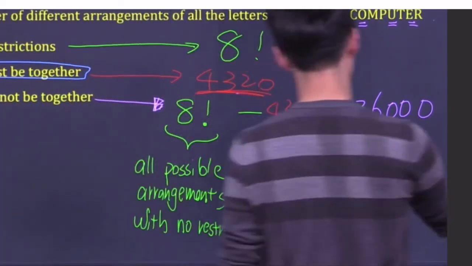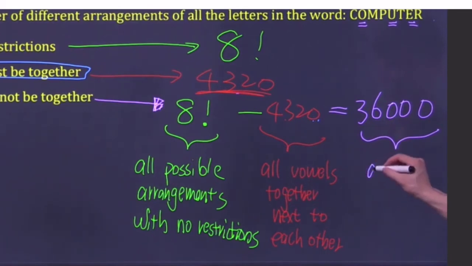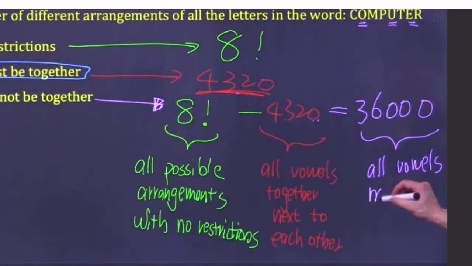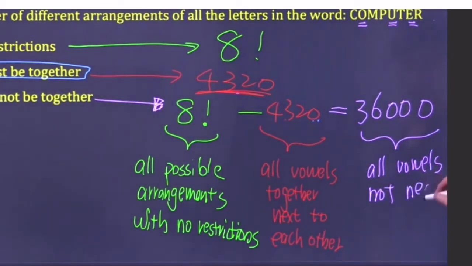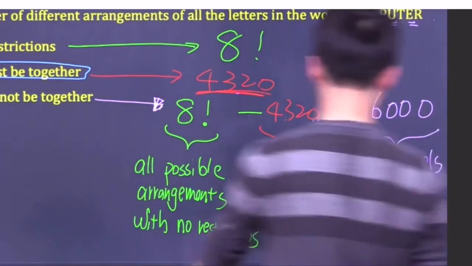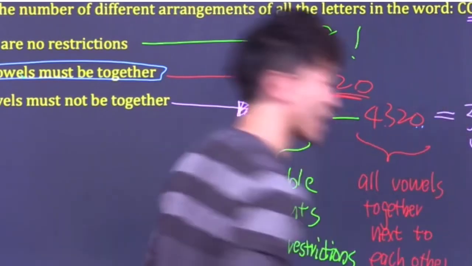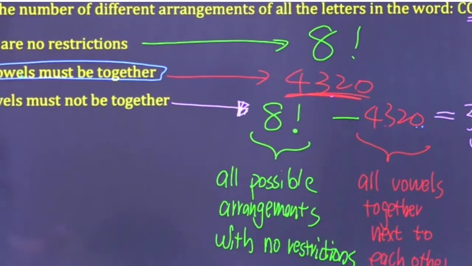So this represents all vowels not, the opposite of this, all vowels not next to each other. Okay, guys, that's it. Pretty cool, right?